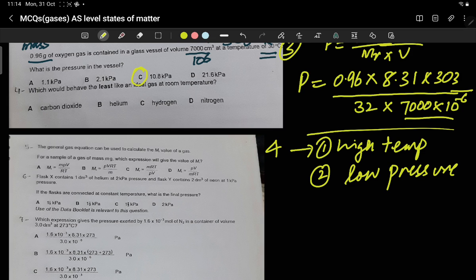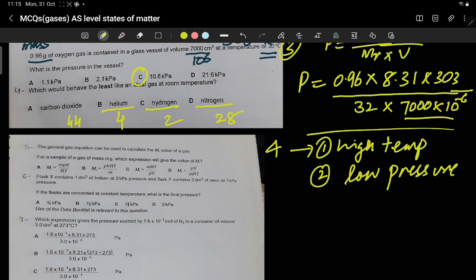Nitrogen, and we have discussed earlier that polar gases deviate most, and which would behave the least like an ideal gas. So nitrogen is non-polar, hydrogen is non-polar, helium is non-polar, carbon dioxide is polar. Carbon dioxide has more electrons, more Mr is 44, helium is 4, hydrogen is 2, nitrogen 28.